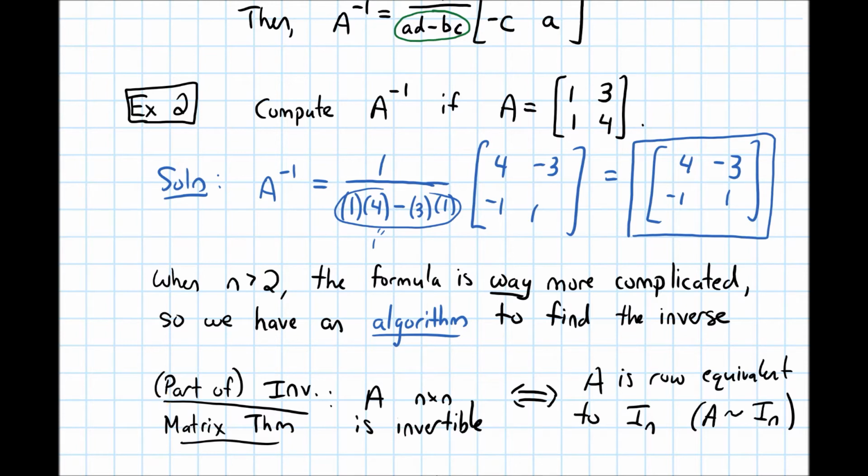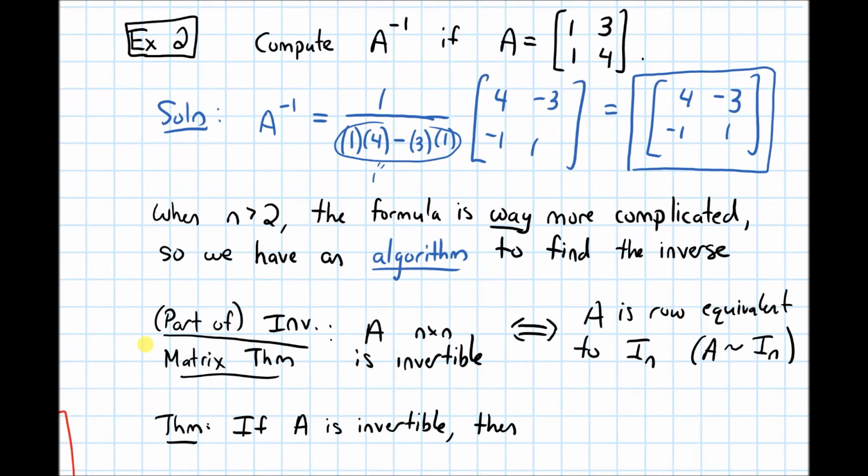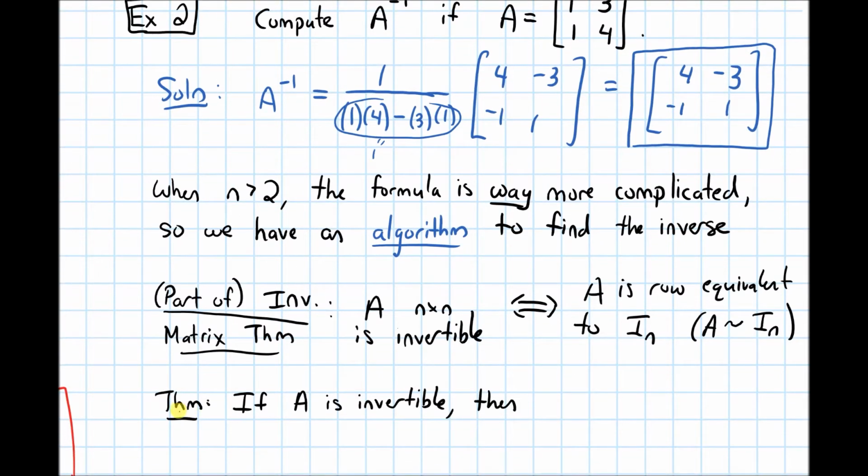So now here is a key theorem that's going to motivate our algorithm for finding the inverse. If A is invertible, then if I take A and augment it with another matrix, not just a column vector, but an identity matrix, and then I row reduce this augmented matrix, well, because A is invertible, the A on the left-hand side should row reduce to that identity.